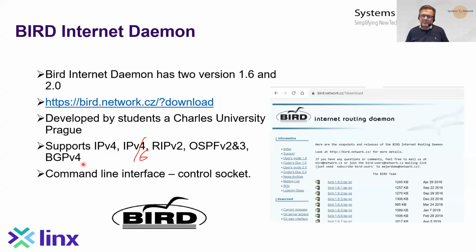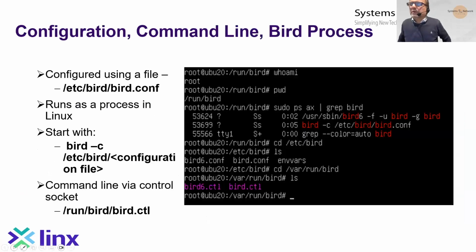It runs on a number of different Linux distributions from kernel version 2 upwards. As with the London Internet Exchange, my example here is on Ubuntu Linux. I'm using Ubuntu 20 in my particular environment. Okay, so I'll give you some more information on that configuration file and that control socket as we go through here.